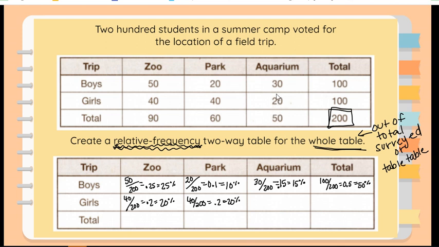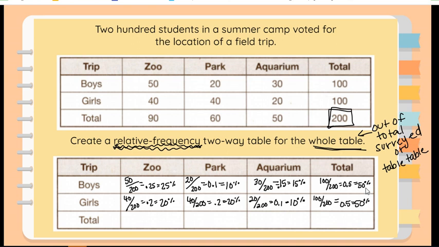How many girls voted for aquarium? 20 out of 200. 20 out of 200 is 0.1, which is 10%. And then the total would be 100 out of 200 girls voted, which is 0.5, which is 50%.